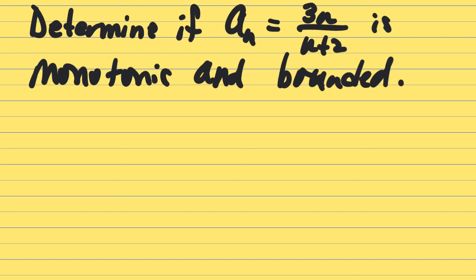The bounded part is if we determine the terms get larger and larger, is there a finite value that they approach and never go past? It's like if the sequence climbs, is there a roof? If the sequence decreases, is there a basement? So we're going to look for increasing or decreasing all the time, that's monotonic, and bounded if there's a limit that will stop the increase or decrease.